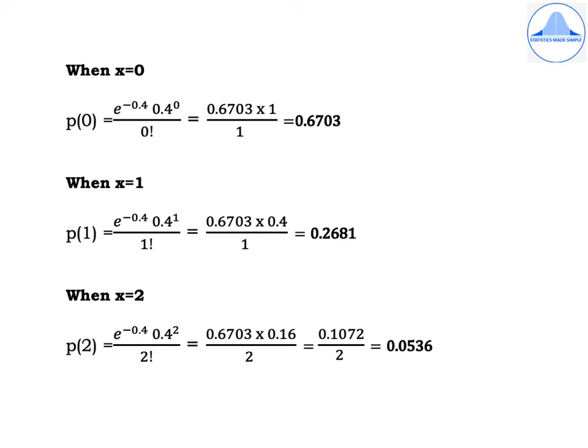When x is 2, we get P of 2 equal to e to the power minus 0.4, 0.4 to the power 2 divided by 2 factorial, which is 0.6703 into 0.16 by 2, which is equal to 0.1072 divided by 2, or you get 0.0536.